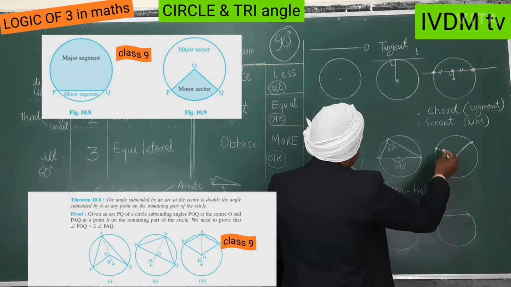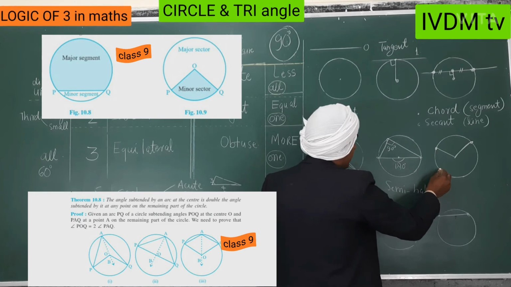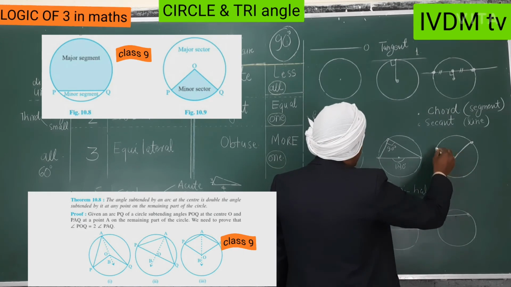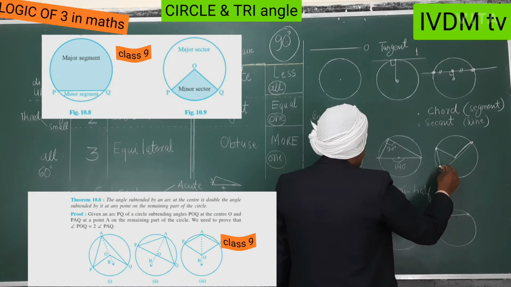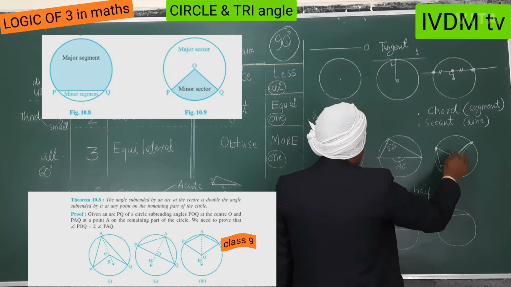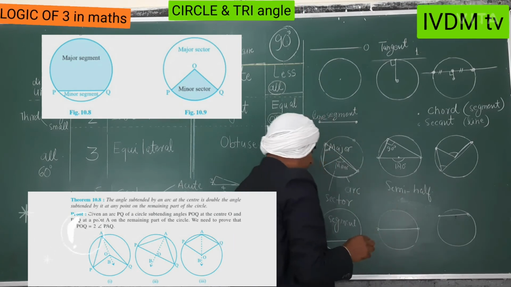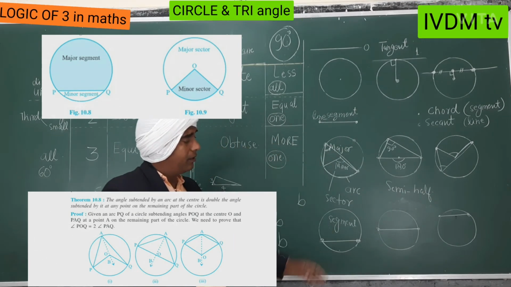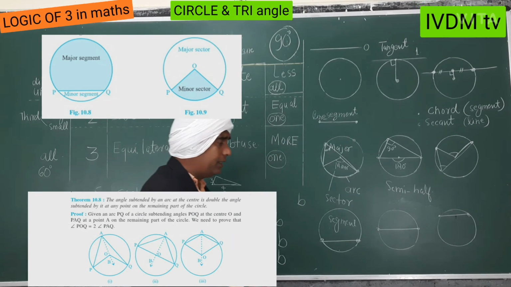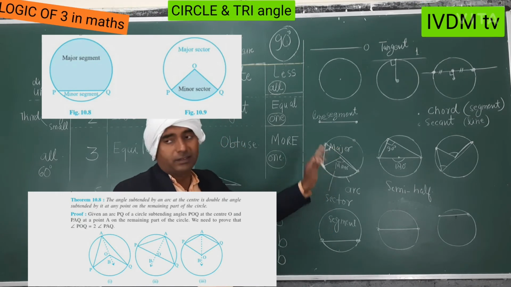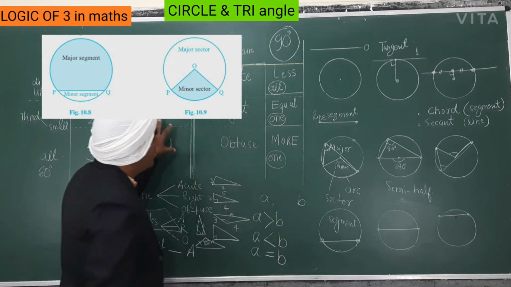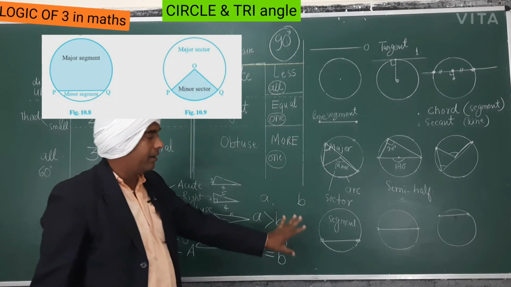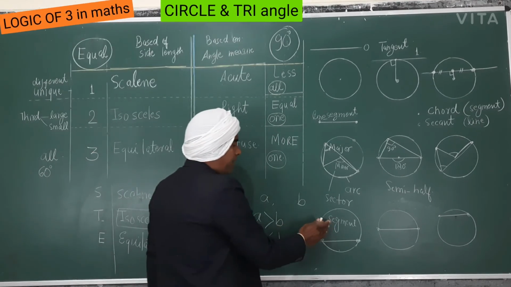And obviously, if you take a third point here, this angle will be half of this one. And similarly here also, in the segment, all types of triangles can be made. How? This was the major segment.